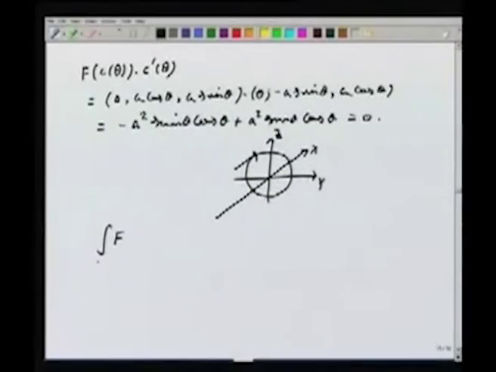That means integral of F over C dot ds should be equal to 0. But this, by my definition, is integral from 0 to 2 pi of F of C theta dot C prime theta d theta. But I have already calculated that F of C theta dot C prime theta is equal to 0, so this is equal to 0. So it matches with the physical observation.